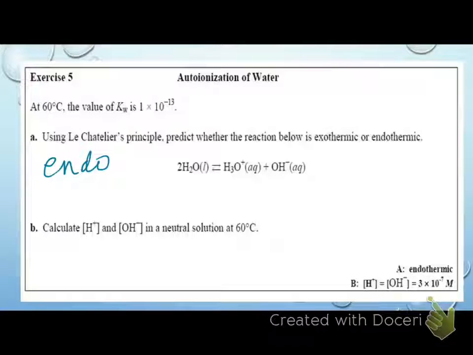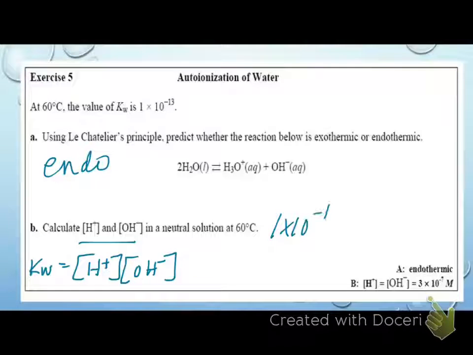And then calculate the H and OH concentrations. So remember we have Kw is equal to this. It gave us the value of 1 times 10 to the negative 13 is equal to x times x, which is x squared.